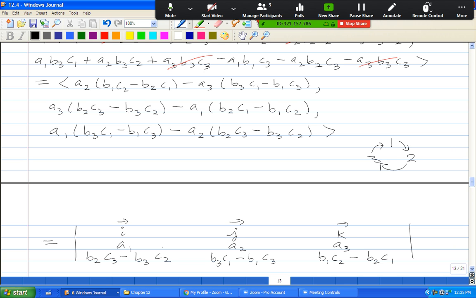Okay, so I do 2, 3. So it would be this times this, which is that, minus this times that, which is this term. Good. So now for the second component is 3, 1. So it'd be this times this, which it is, minus this times that, which is that term. And then 3 is 1 and 2. So it'll be this times this, minus this times that. Good. So that's correct.